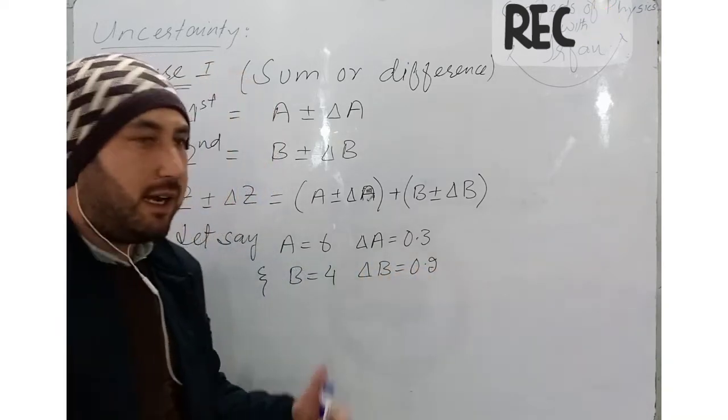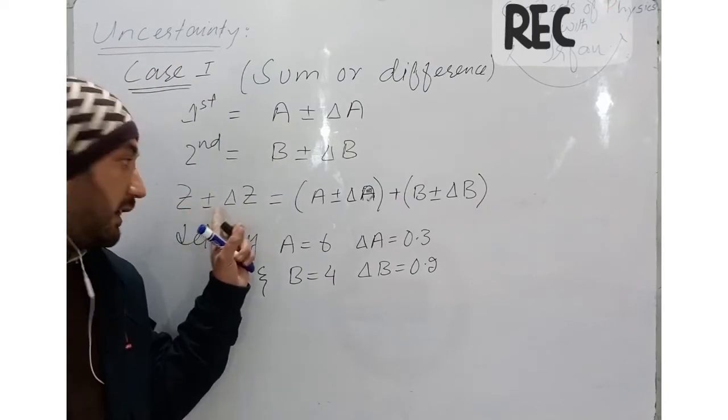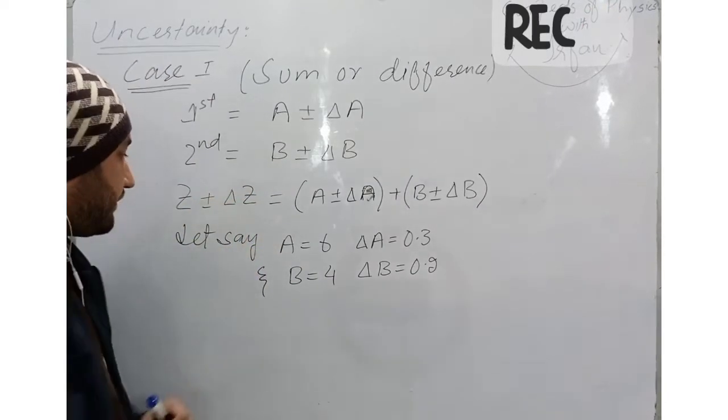Now we are going to find the magnitude of Z and the uncertainty in Z.